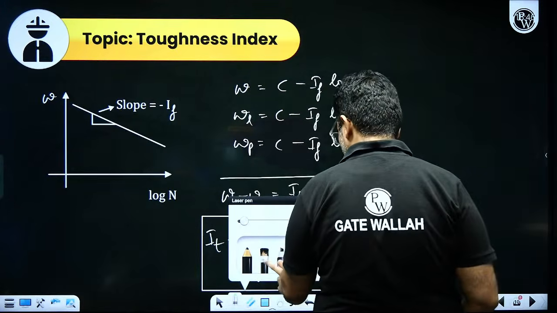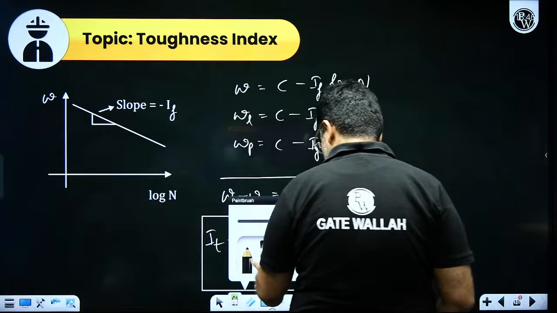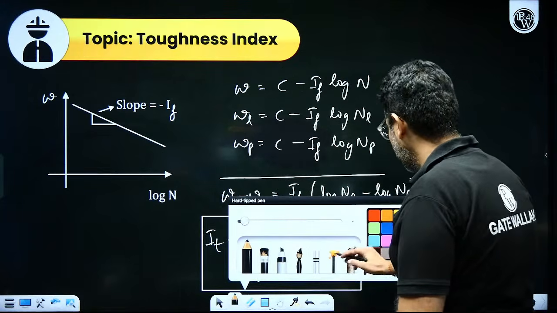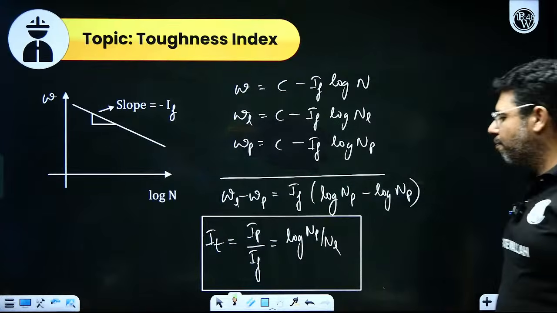N is the number of blows, NP is the number of blows at plastic limit and NL is the number of blows at liquid limit.